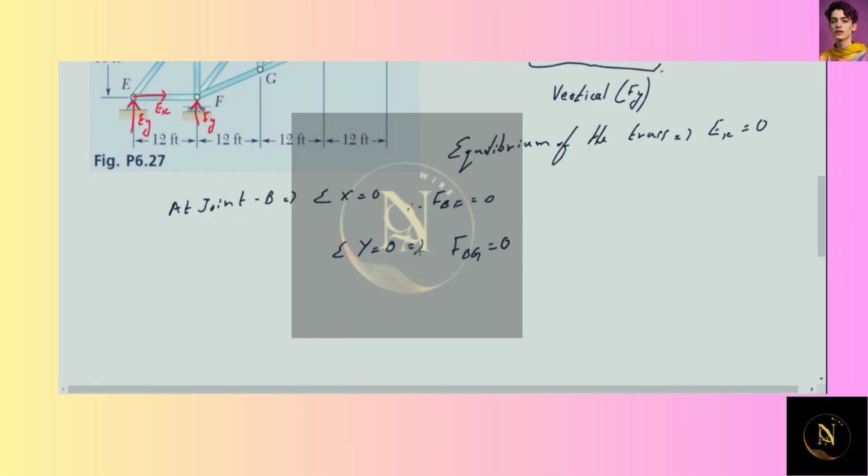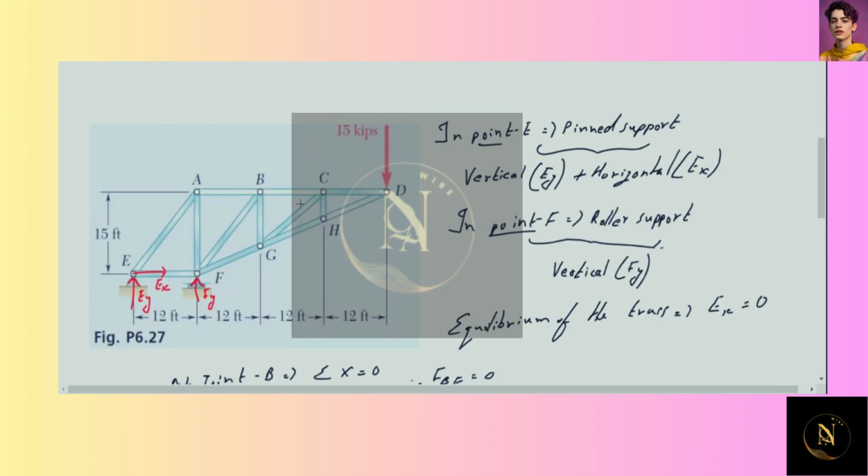That is, at joint B, FBF and FBG will be equal to 0, as AB and BC are collinear.